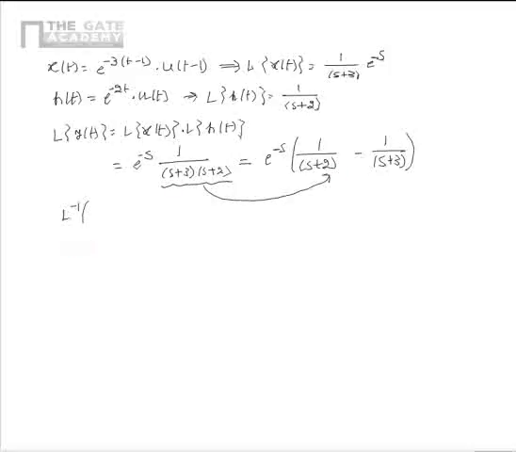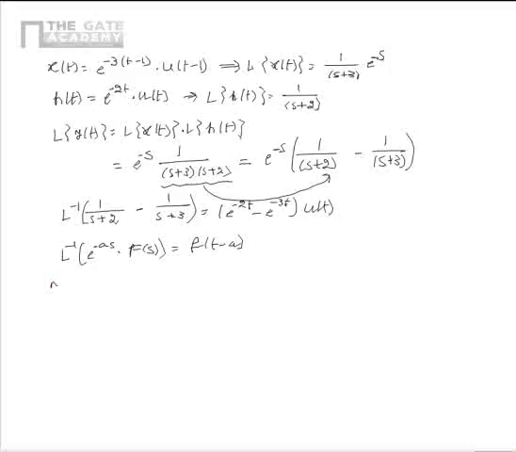We know that L inverse of 1 by s plus 2 minus 1 by s plus 3 is equal to e power minus 2t minus e power minus 3t, u of t. We also know that L inverse of e power minus as multiplied by F of s can be written as f of t minus a, where f of t is a one-sided function.